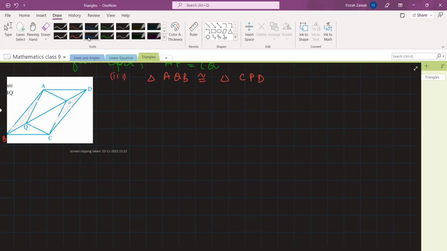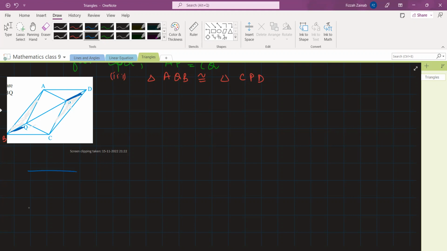So one side I can see AB is equal to CD because opposite sides of a parallelogram ABCD are equal. And this BQ is equal to DP, already given in the question, which is again part of this triangle. So second side also I have got, and one angle I can again take.